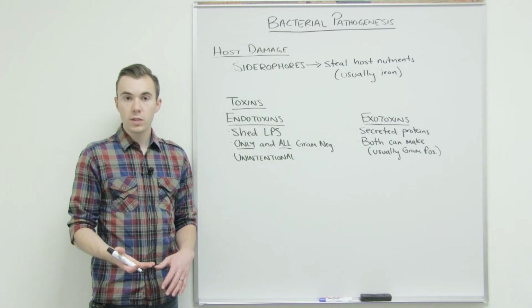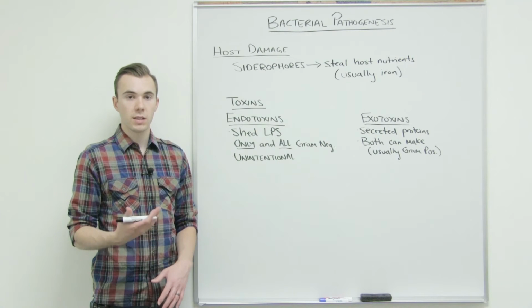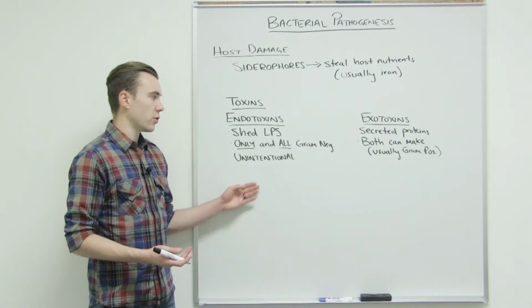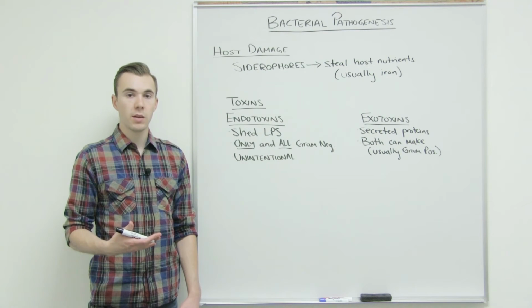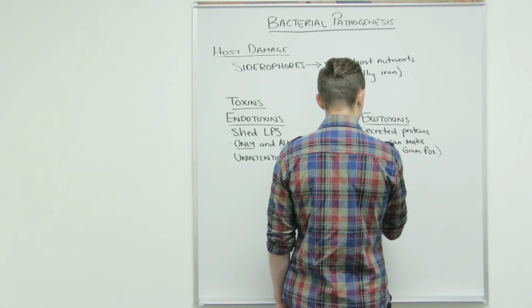We don't choose to do that. It's unintentional. It'd be as if our skin was toxic to something else, and we didn't mean to let it leave. So this is unintentional. While exotoxins have a purpose, the bacteria know they're secreting them to cause the damage, and so these are going to be intentional.